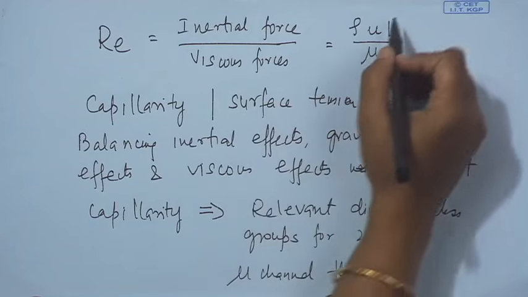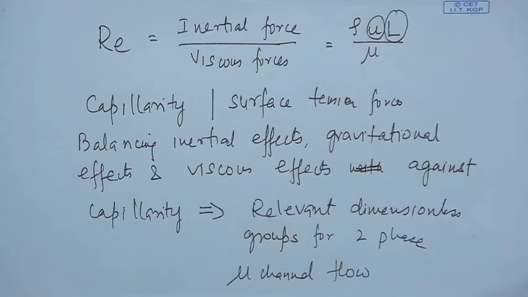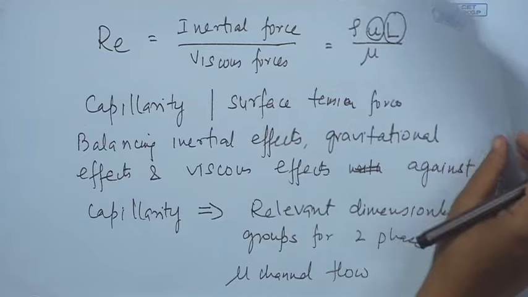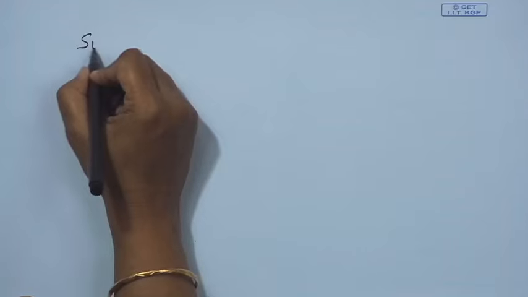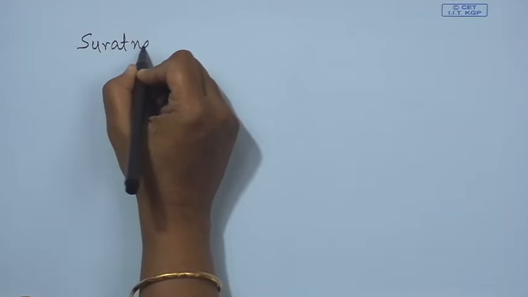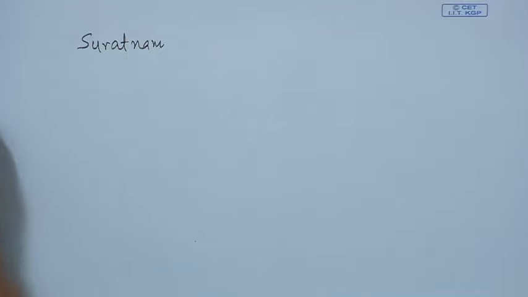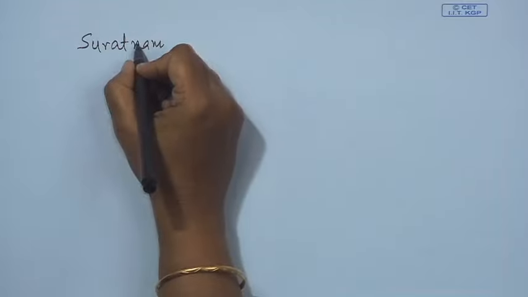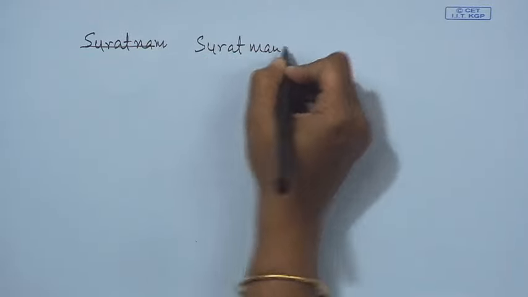The primary reason is that the length parameter and the average velocity parameter that we select to define Reynolds number are not very appropriate for microchannel flows. On the other hand, there is another number known as the Suratman number.